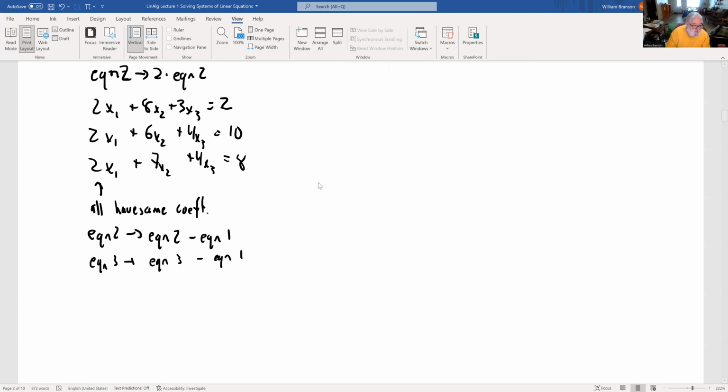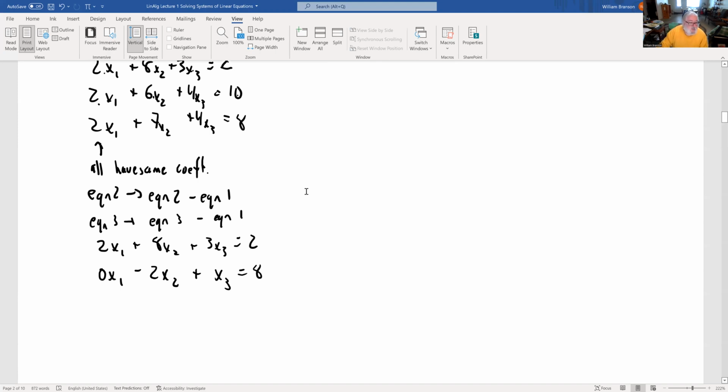I'm leaving the first equation alone, so that gives me 2x1 plus 8x2 plus 3x3 equals 2. Second equation, so 2x1 minus 2x1 is 0x1, and then 6x2 minus 8x2 is minus 2x2. 4x3 minus 3x3 is just 1x3, and 10 minus 2 is 8.